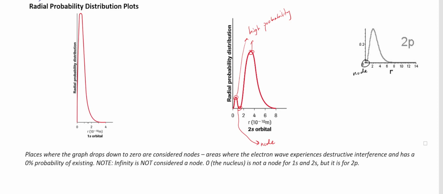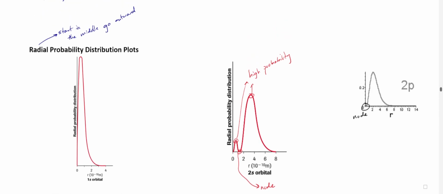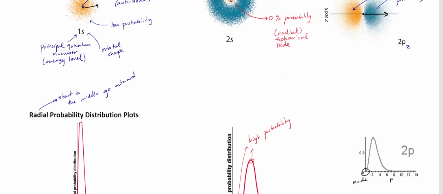0 over here in the s orbitals is the nucleus, okay? So that's not a node because for the 1s orbital, that's just the nucleus. That's why it starts at 0 there, okay? There's no electrons in the nucleus. In the 2p, it's because the nucleus is at 0, but also right in the middle of the 2p orbital, there is a node right there.